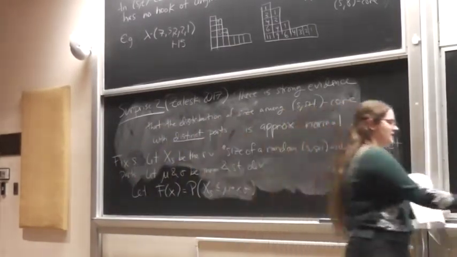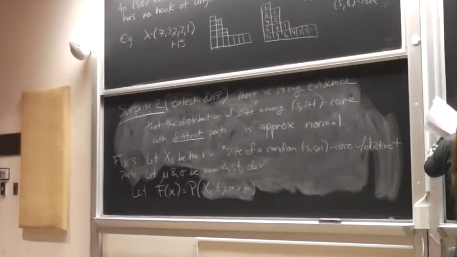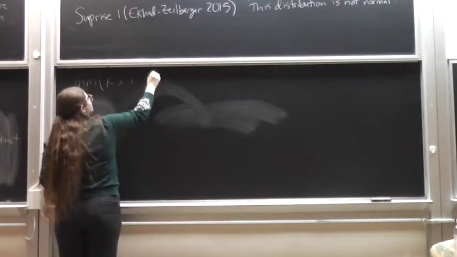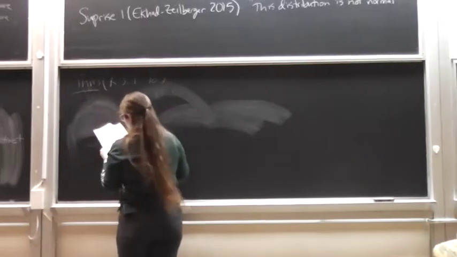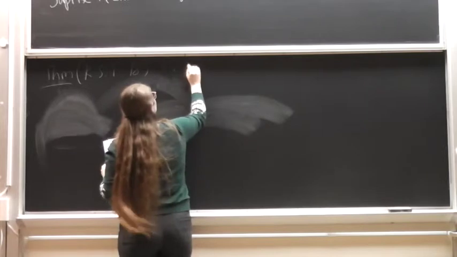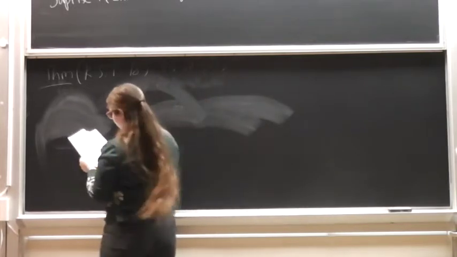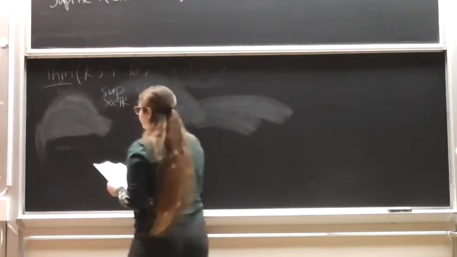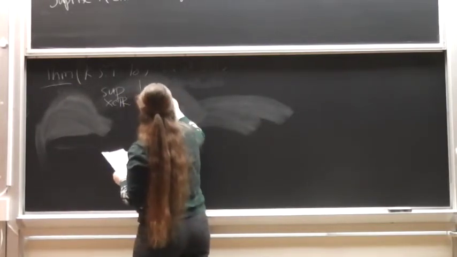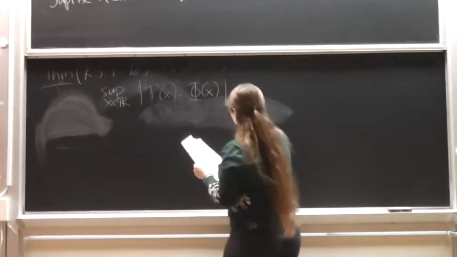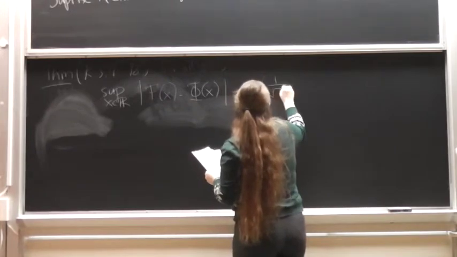Now I can tell you the actual statement that we're going to prove. So the theorem from the 3 of us is that whatever s you pick, as long as it's a positive integer, you take the sup over all real numbers x of the difference between f and capital Phi. Then this is on the order of 1 over square root s.